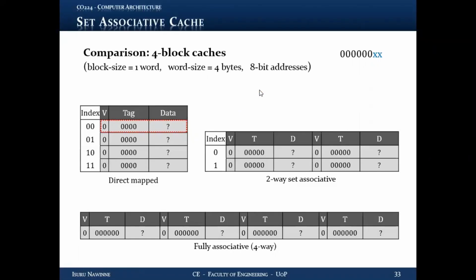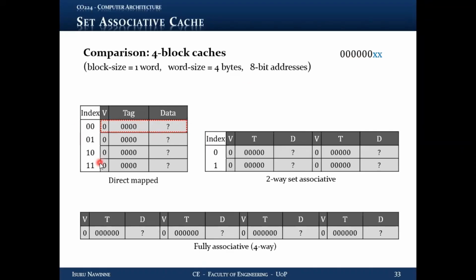It's going to be a miss, right? Yes, exactly. It's going to be a miss because of what? Valid bit is 0, right? That is correct. Very good. Valid bit is 0. So this is going to be a miss because the valid bit is 0. Note that the tag is actually matching, right?